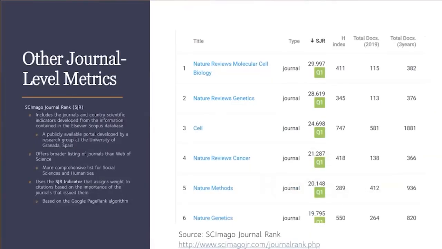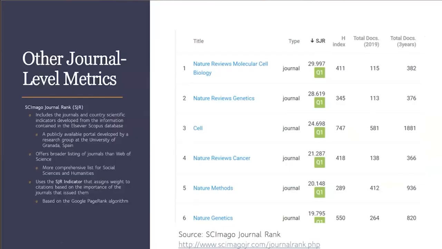There's also the SJR, which again is a number. My issue with the SJR is that although you can look up these numbers, the data they are showing you comes from Scopus, which is owned by Elsevier, and you have to have a subscription to Scopus in order to look at that data.